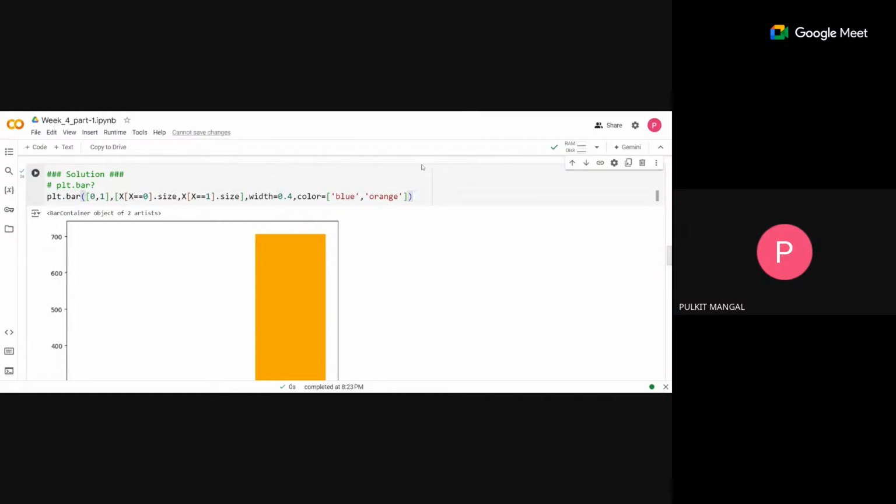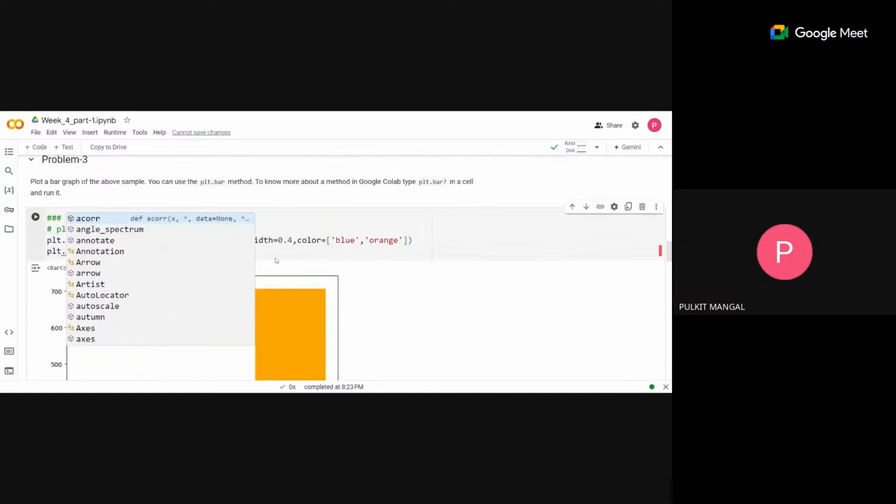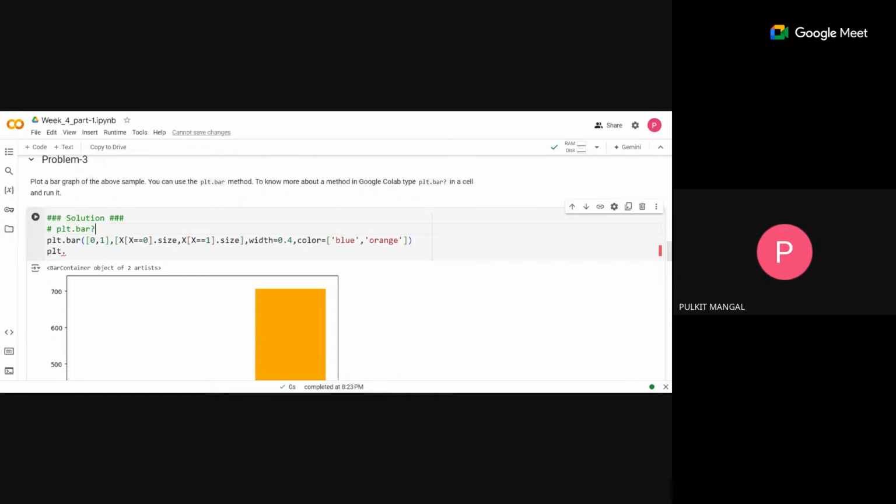And there are many other things that you can do. One is the label. Labeling is important. Let's say you want to label the y-axis. What does the y-axis represent? It represents the frequency, right?